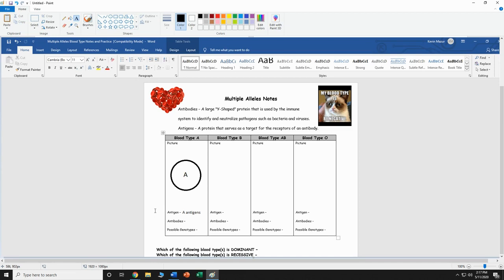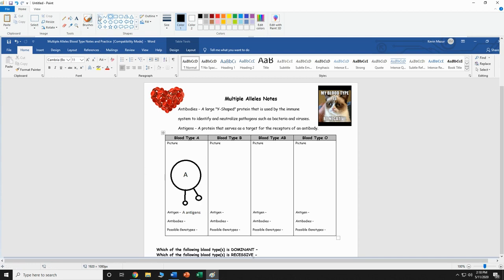And the A antigens are going to look like this. It's going to be a little line. And then at the end of that line is going to be a circle. All right. And we're just going to keep doing that over and over again. And each one of these is an antigen.